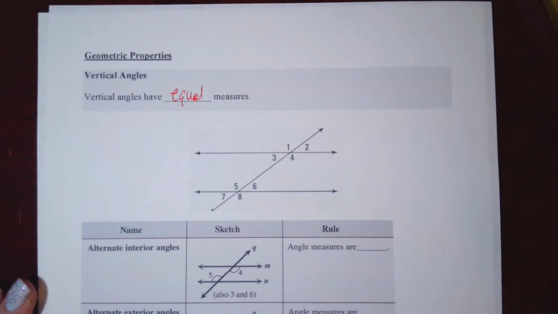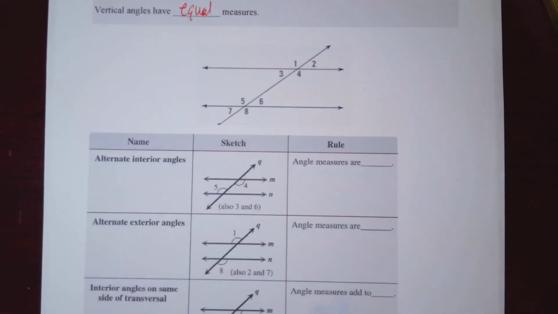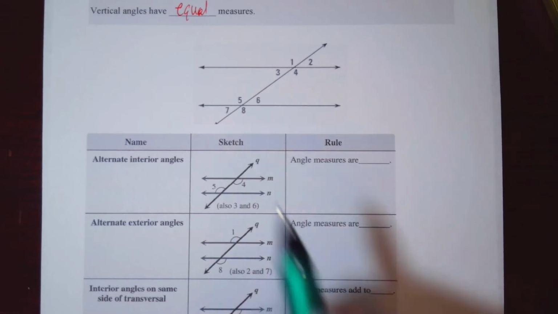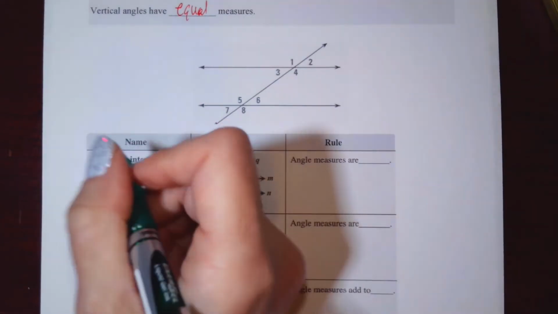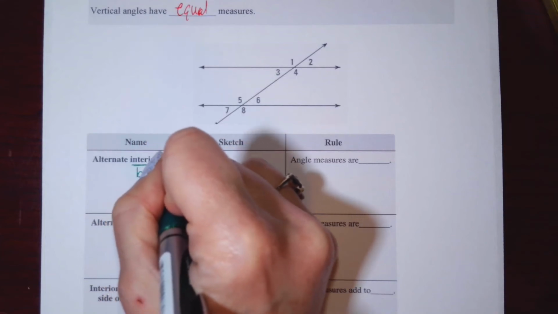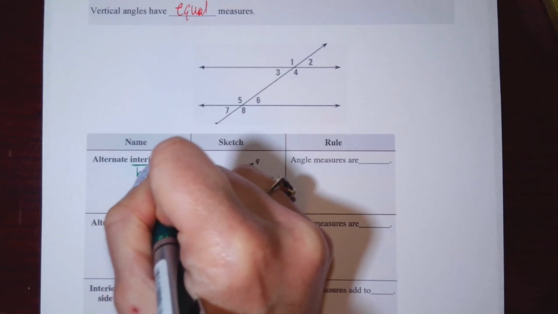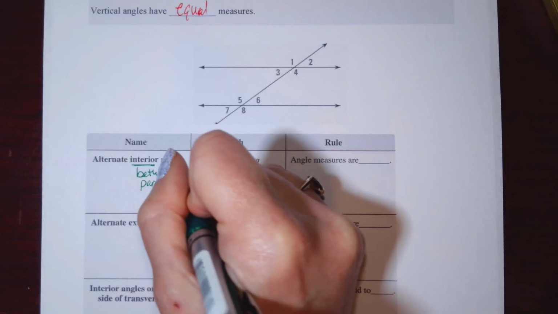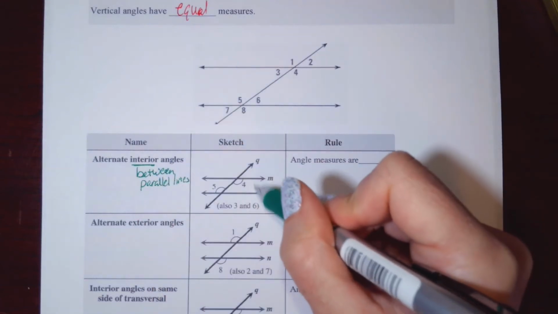The next type of pairs we're going to talk about are alternate interior angles. Interior means between the parallel lines. So they are interior to the parallel lines, so in between.